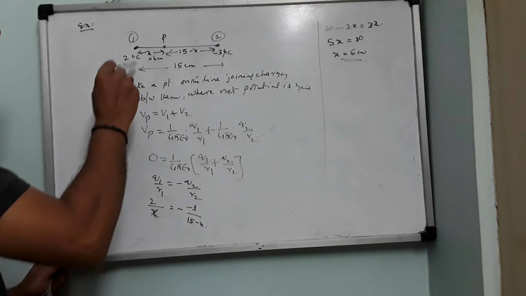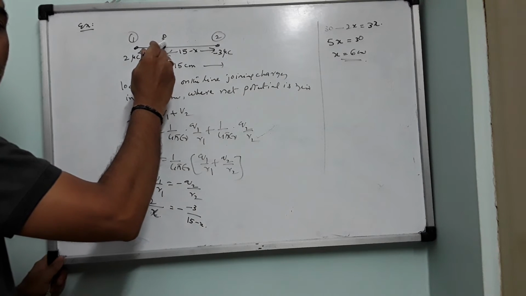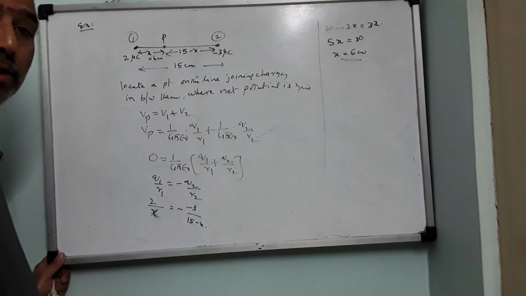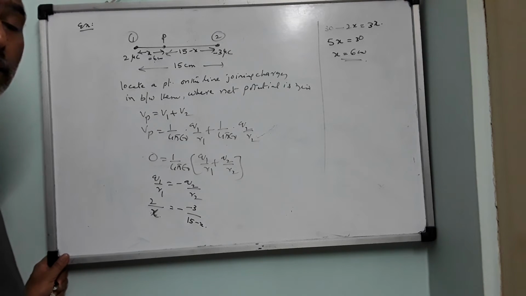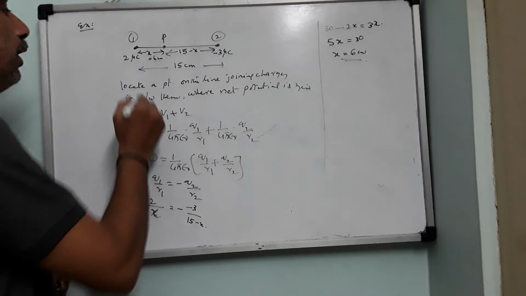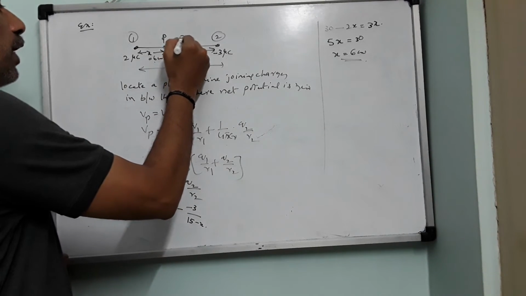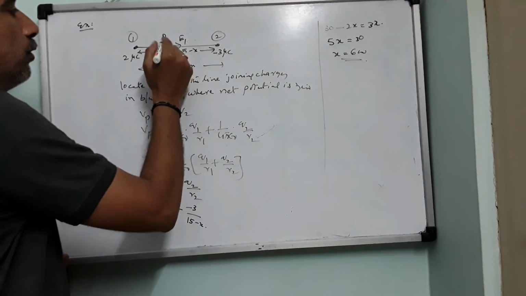We proved that at 6 centimeter distance from 2 microcoulomb, potential is 0. Question is, will the electric field at that same point become 0? It cannot be, because if you are making a calculation for electric field at point P, this will produce electric field in this direction, radially outwards. This we call E1. And this will produce radially inwards. So this is E2.